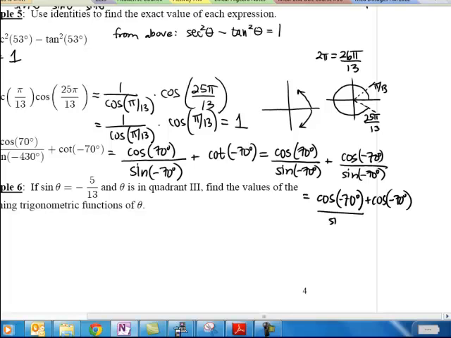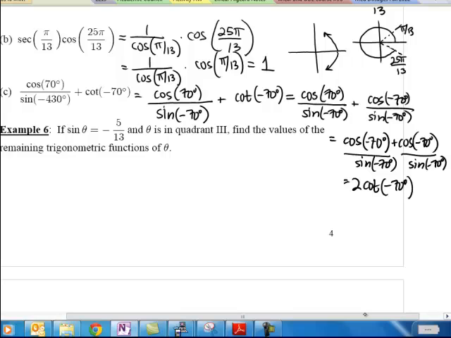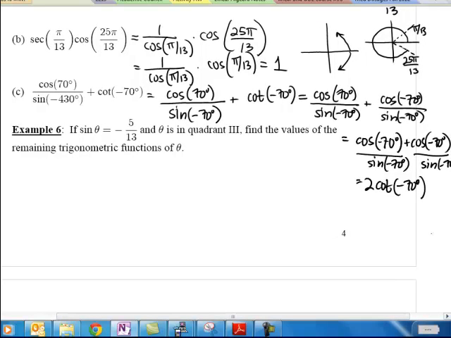And then we've got two of the same thing. So we could at least say 2 times the cotangent of negative 70 degrees. It's not a very satisfying answer, but at least it's simpler than what we had at the start.